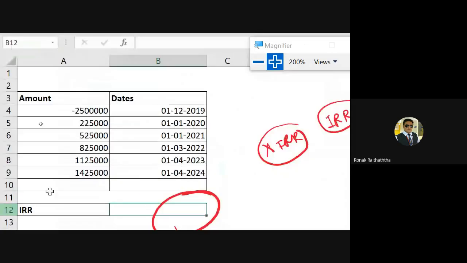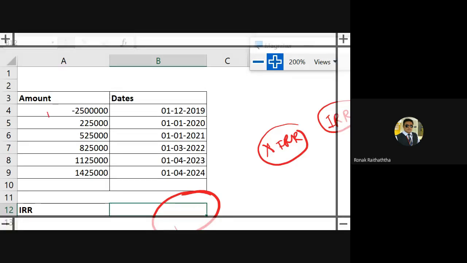Okay, so it was stated by her the time period between the two cash inflows and outflows are not even. That's changing. If I give you the example of this, say this was the outflow of 25 lakhs rupees we were making on the date of say 1st of December 2019. But the first cash inflow we have realized is at the 1st of Jan 2020.